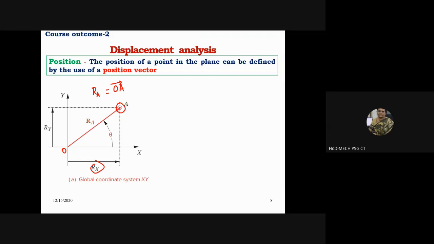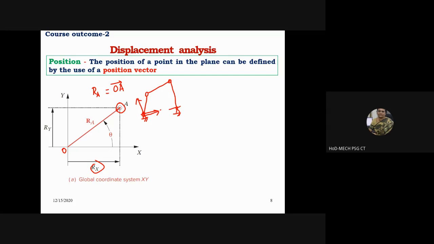Now, in mechanisms, the orientations of links will be keeping on changing. So it is more useful to adopt a local coordinate system. What I mean is, suppose you have a mechanism like this or a robot mechanism, you can attach a global coordinate system to the fixed frame.